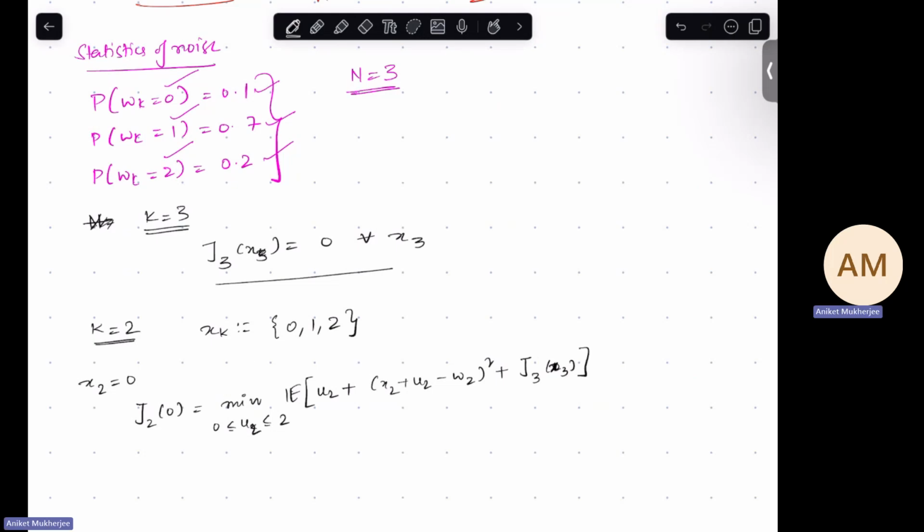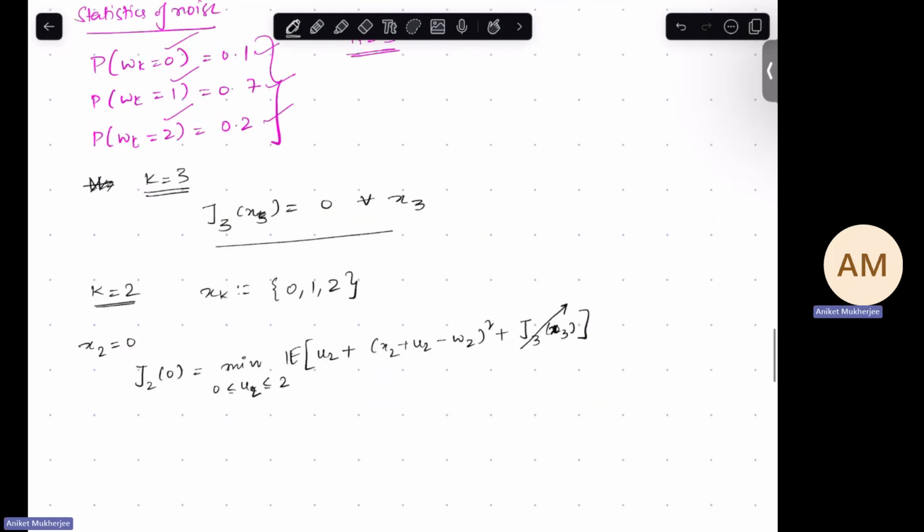But since J3(x3) is 0 for any x3, you don't need to worry about this for now. Okay.